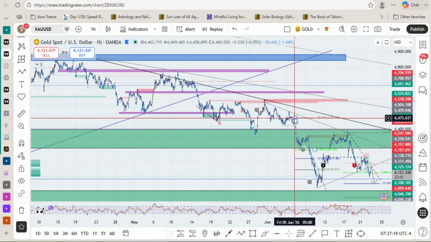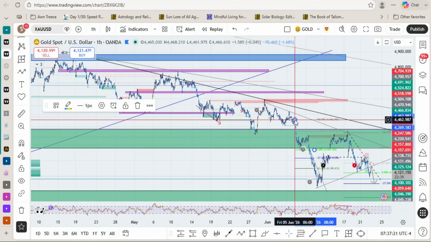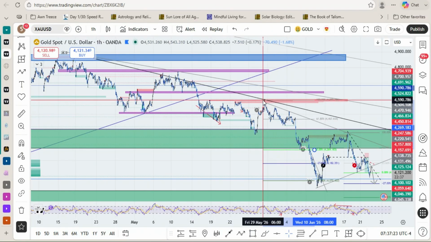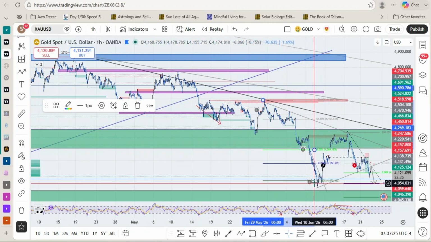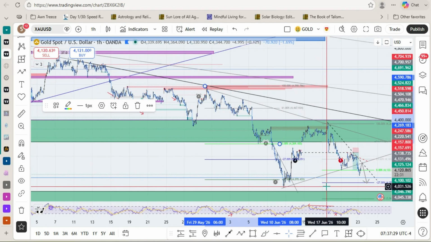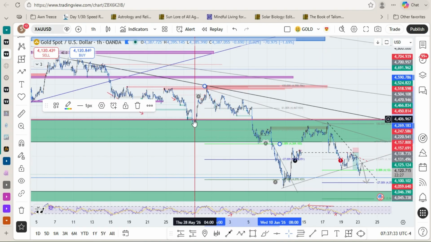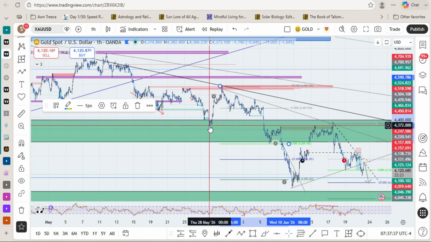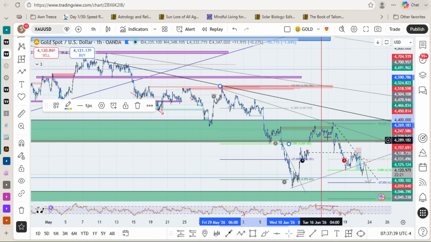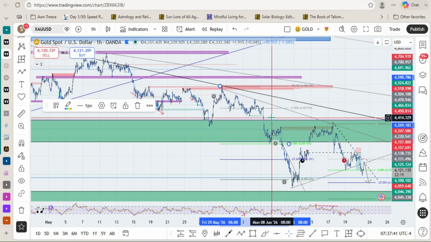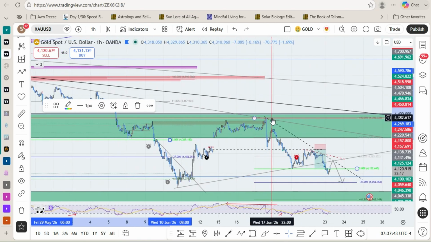But this last impulse, I did my fib from there, but if we do it from here, it hit negative 61.8 and then did a pullback up to this previous level of support here and then continued downward.